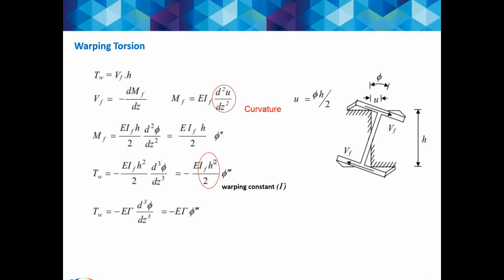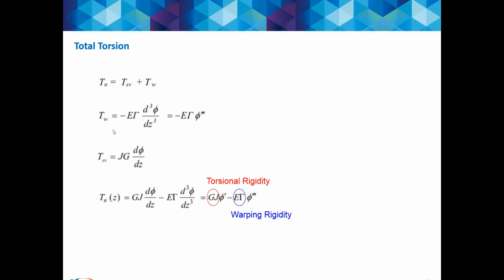This part is called the warping constant. This warping constant is also provided in the program in the section property dialog box. So as a summary, the torsion that we generally check in the program as the Mx value is the summation of the Saint-Venant torsion and the warping torsion.